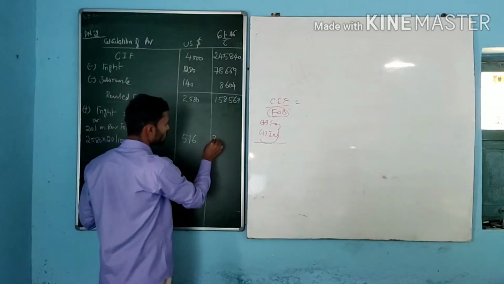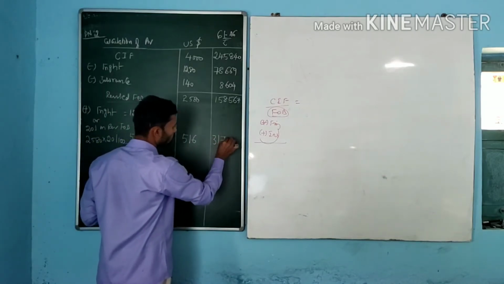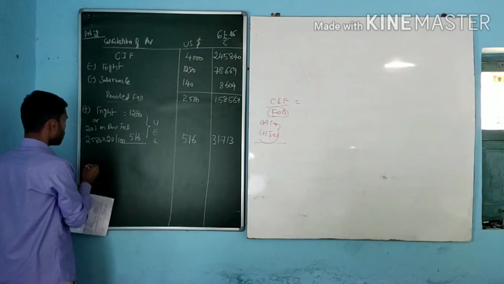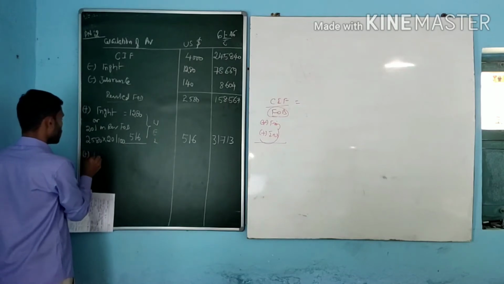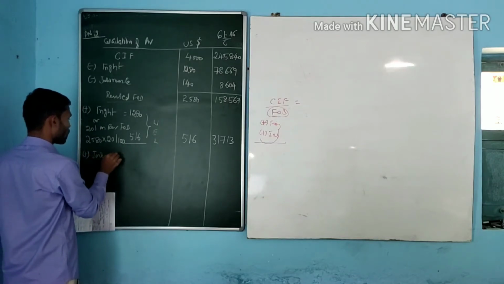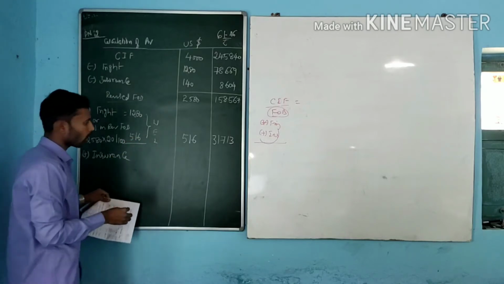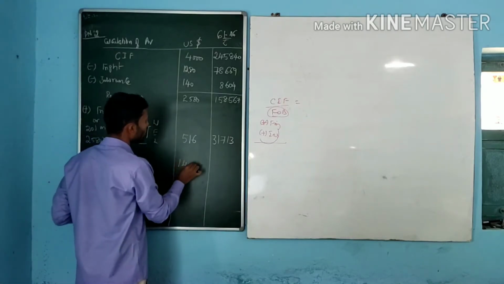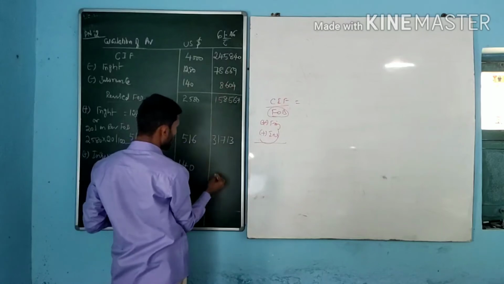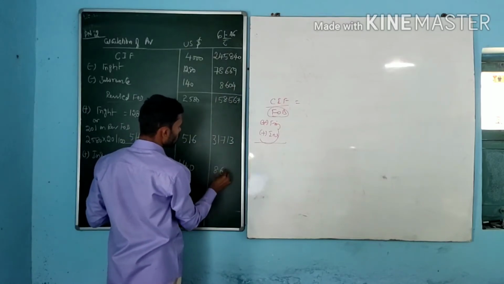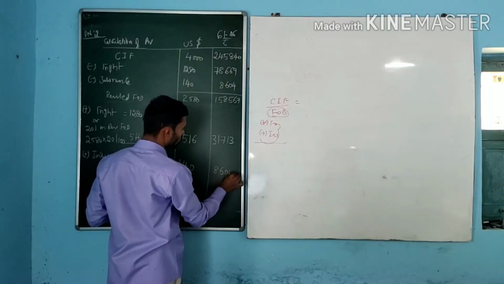Convert to Indian rupees, 31,713. Then add insurance. Insurance is directly given, that is $140, which when converted to Indian rupees is 8,604.